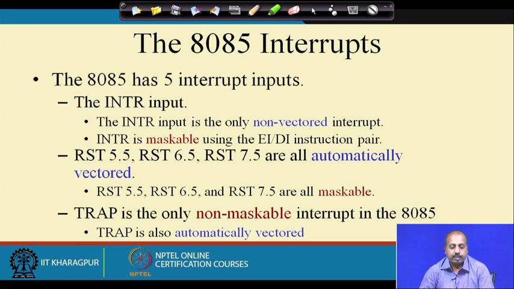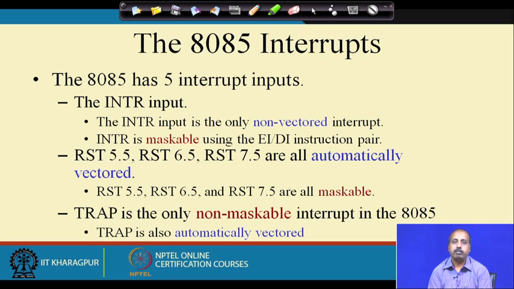Then there are 3 more pins, RST 5.5, RST 6.5 and RST 7.5. They are automatically vectored interrupts, so the ISR addresses are known to the processor. The processor will branch to a particular address when these interrupts occur, and all of them are maskable.